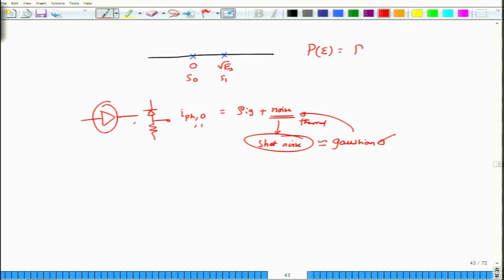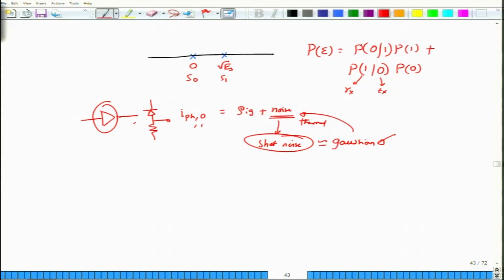The probability of error will be the probability of thinking that I have received a 0 when I have transmitted a 1, times the probability of sending a 1 itself, plus the probability of thinking that I have received a 1 when I have transmitted a bit 0, multiplied by the probability of sending a bit 0 itself, right.